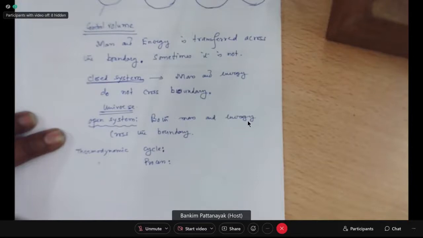That means the thermodynamic properties of the starting point and the end point remain the same. If you come back to this place, once again you get the feeling of same temperature, pressure, and things like that. So that is thermodynamic cycle.